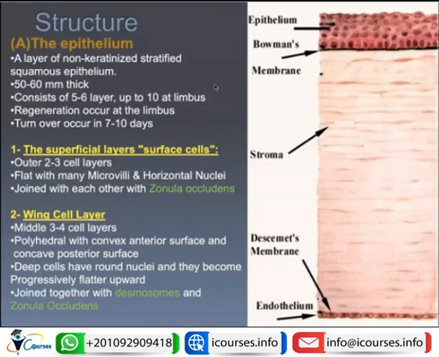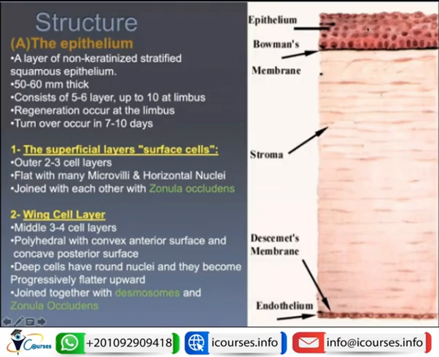There are specific types of cells present in the limbus called stem cells. Stem cells are responsible for regeneration of the epithelium in case of any defect, or even without defect, the epithelium usually turns over in 7 to 10 days, and this continuous wear and tear is replaced by the stem cells present in the limbus.